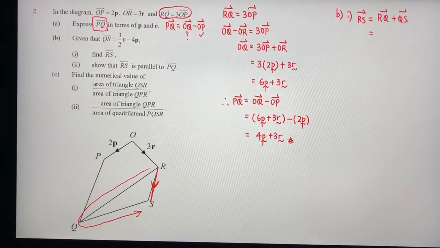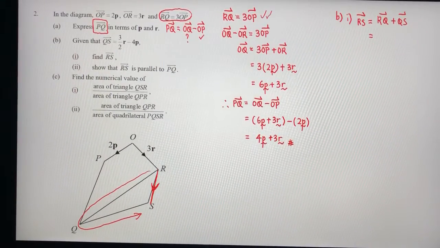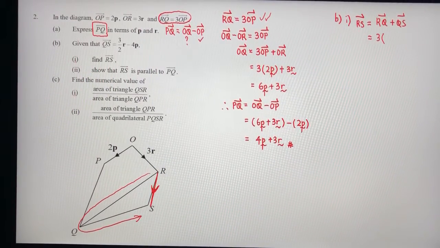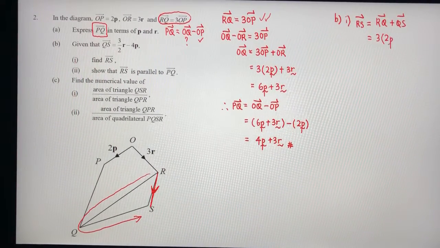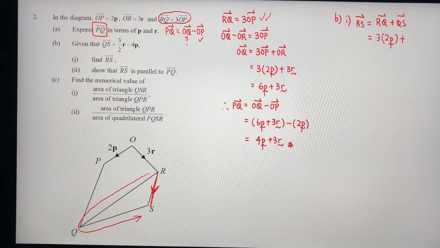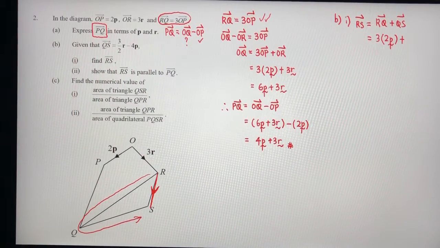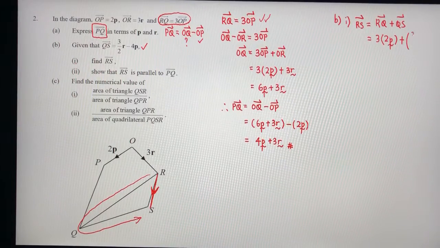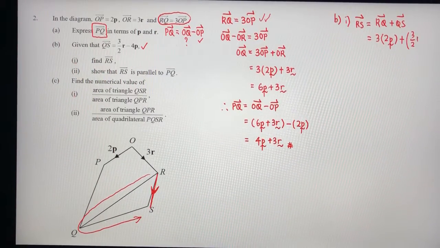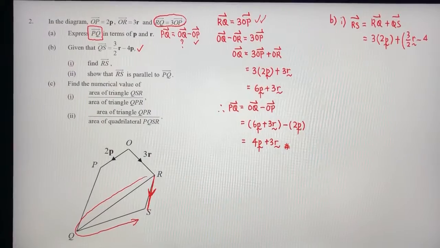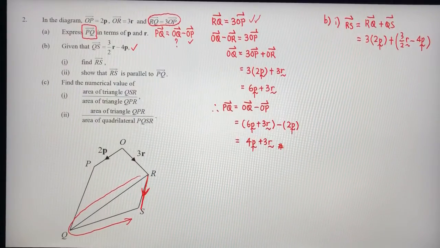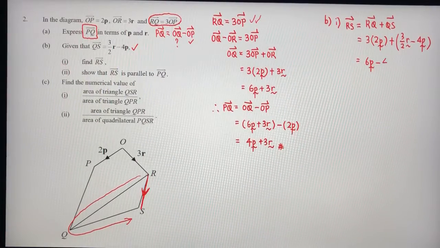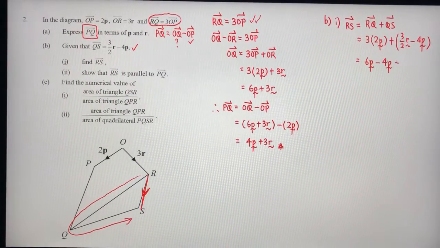Okay, observe that vector RQ has been found, which is 3 times OP. Then vector QS is the one given by the question, 3 over 2 R minus 4P. 3 times 2P equals 6P.